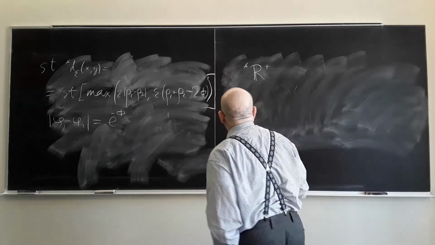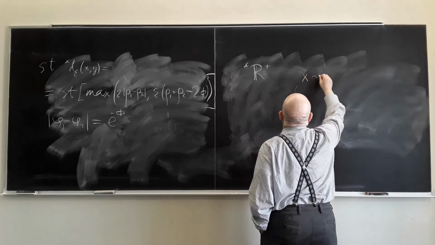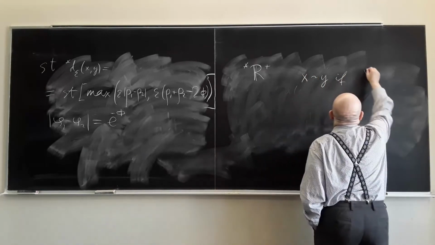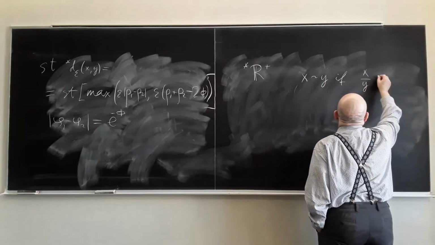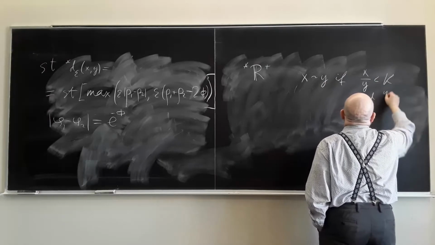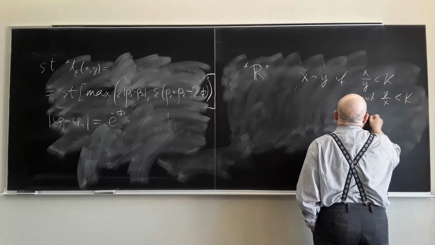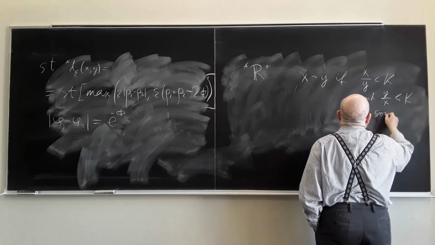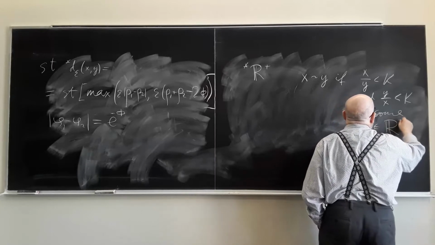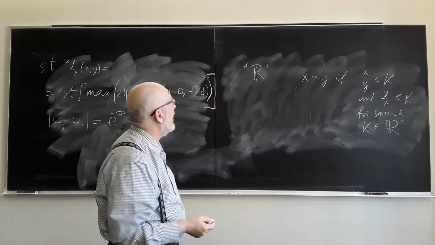Then I remind you, we write x is equivalent to y if x over y is less than k and y over x is less than k for some standard positive k. So they are of the same order.